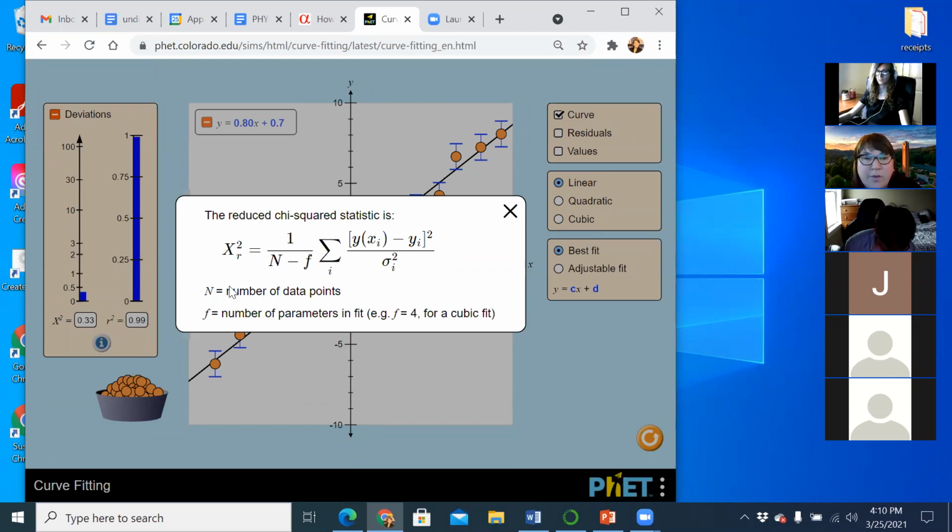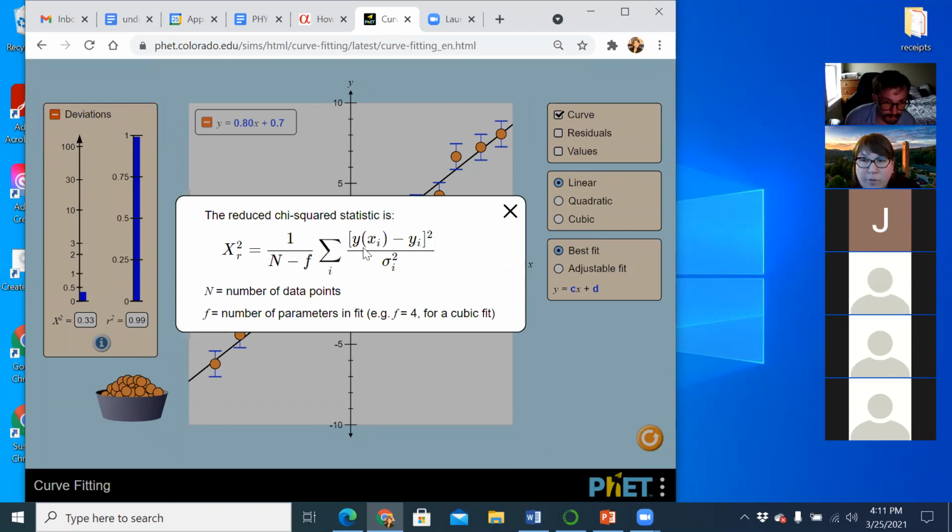Anyway, this chi-squared value is equal to the y value on your curve minus the y value of your measurement. So this difference between the curve and the measurement for x sub i, that quantity squared, divided by the standard deviation squared. Add those up. Divide by n minus f, number of points minus parameters, and that's your chi-squared value.